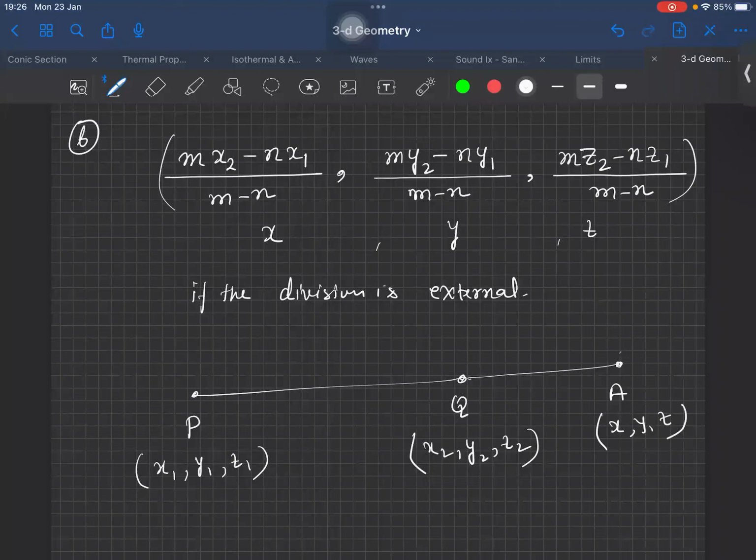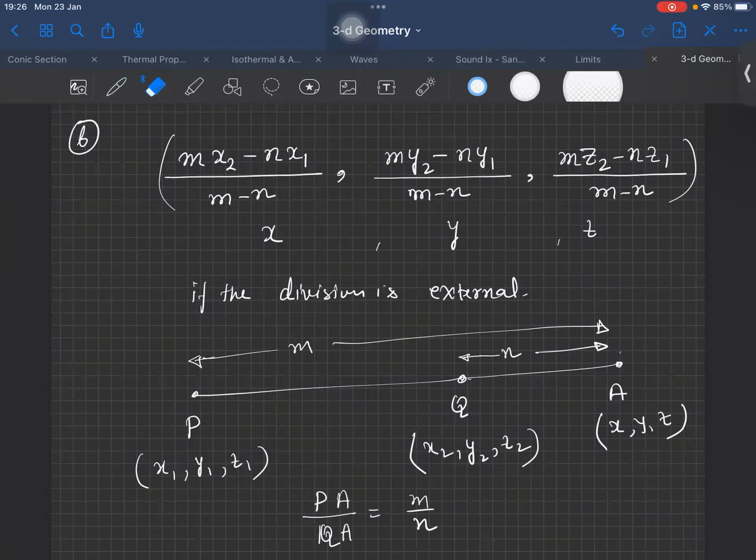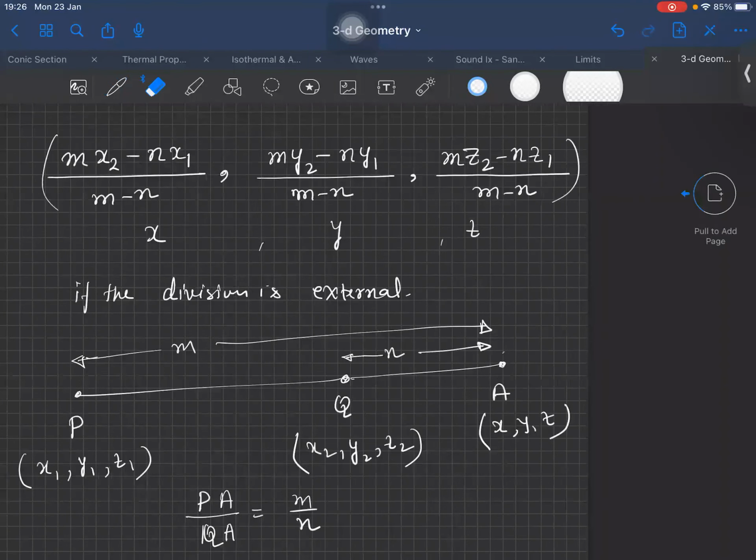Now A is dividing line PQ externally. This is m and this is n. Not this distance is n, the ratio is n. So the ratio of PA upon QA is m by n. Don't confuse that this distance is m and n. This is how we divide it externally.